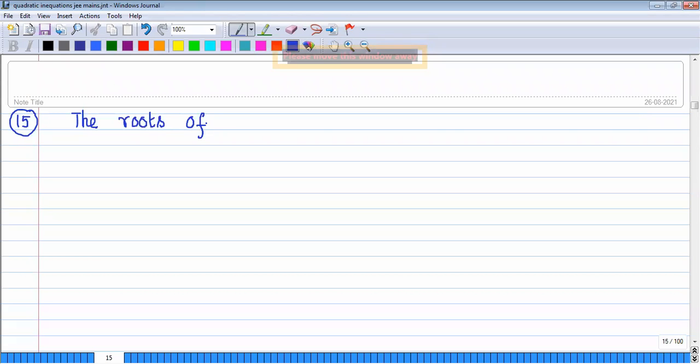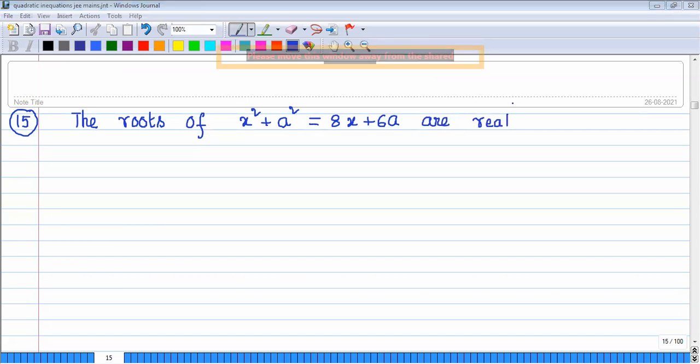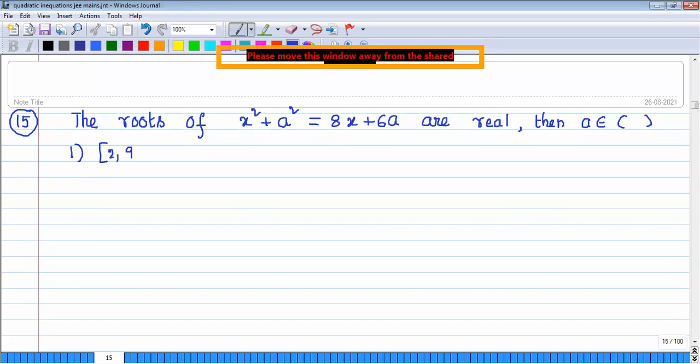The roots of x square plus a square equals 8x plus 6a are real. Then a belongs to: first option, closed 2, 9.